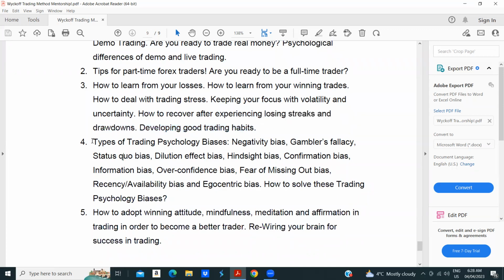Then we're going to discuss some of the trading psychology biases which frequently occur and are experienced by many traders.